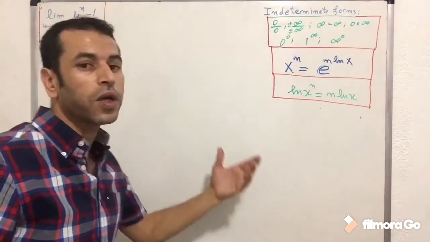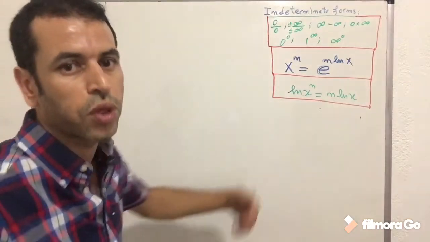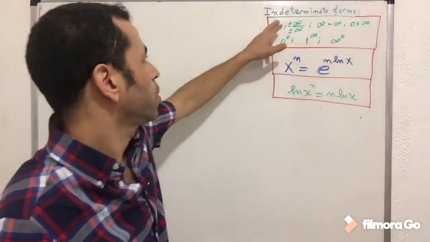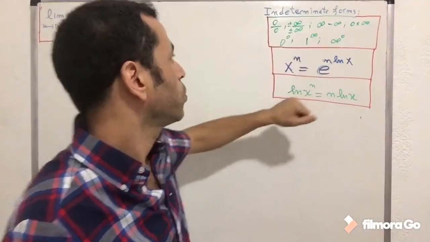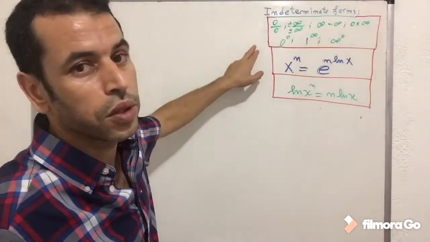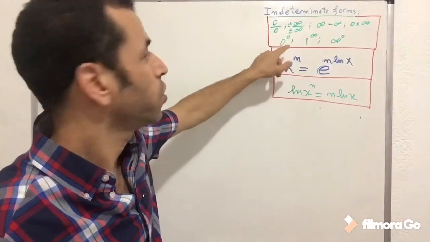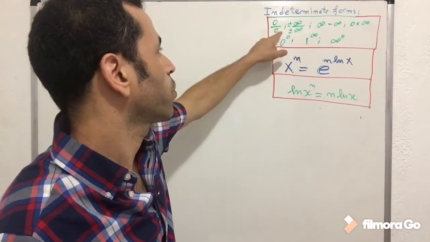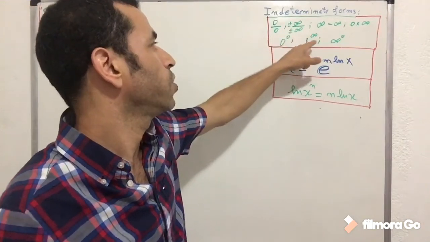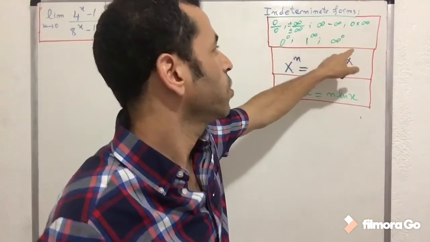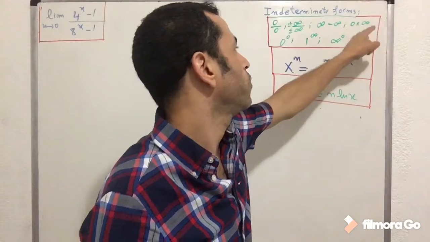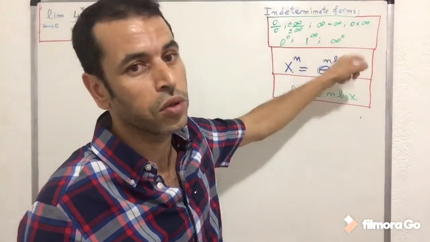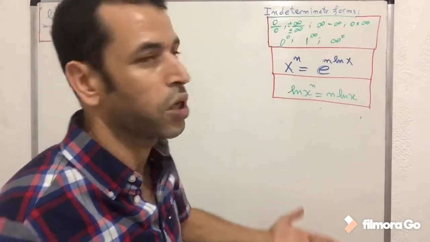Before I start evaluating this limit, I want to remind you about something very important. It's called indeterminate forms. When you calculate your limit and find it in a form such as 0 over 0, infinity over infinity, infinity minus infinity, 0 multiplied by infinity, 0 to the 0, 1 to infinity, or infinity to the 0, it is called an indeterminate form.